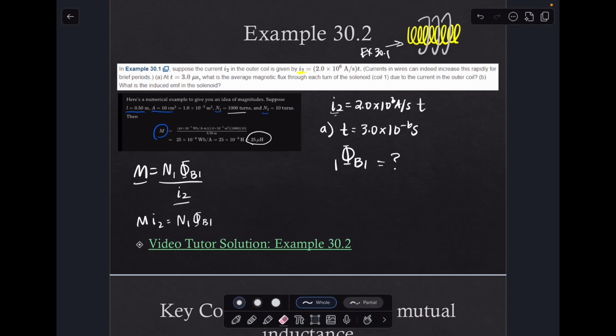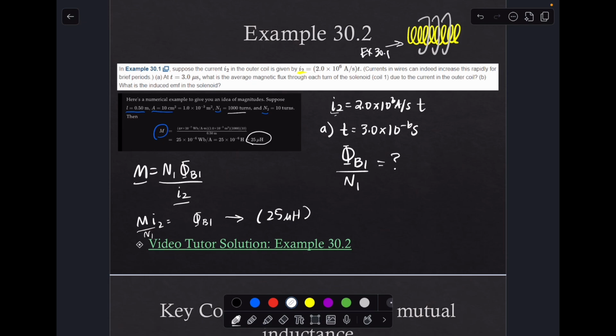Ignore this. I interpreted it correctly, right? It's through each turn. So the "each" lets me know that we're dividing by each turn. So let's divide by N1. Let's find what phi B1 is. And that's going to be 25 microhenries.